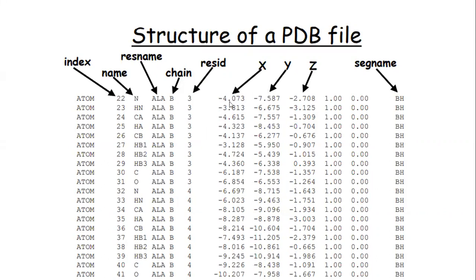This is actually the main point of MD simulation. We grab an atom with a specific position, and the first velocity is 0 because it's not moving, and we put it in the MD simulation using Newton's law.